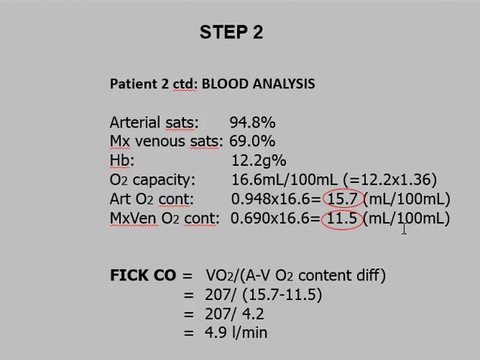And we have our blood values that we need to calculate our arteriovenous oxygen content difference, which is 15.7 minus 11.5. So in this patient, our FICK cardiac output is VO2 divided by the arteriovenous oxygen content difference, which is 207 from the previous slide divided by 15.7 minus 11.5. 207 divided by 4.2, which gives us 4.9 liters per minute.